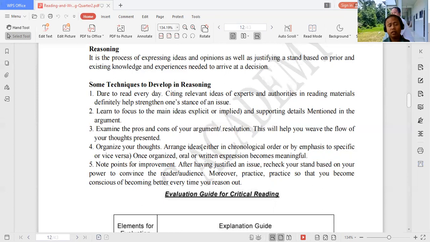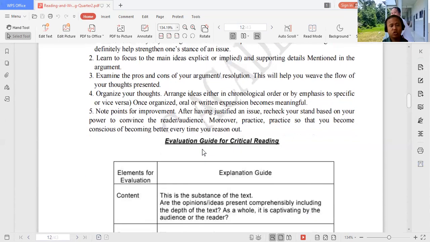Say, for example, in law, in the trial court, most of the lawyers will really make sure that they have counterclaims to the answer of their opponent for them to win. Okay, so note points for improvement. Of course, you have to take down notes and write possible things that you could improve on.